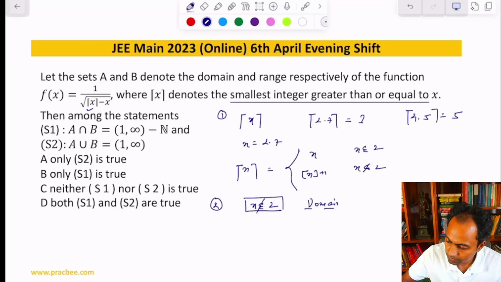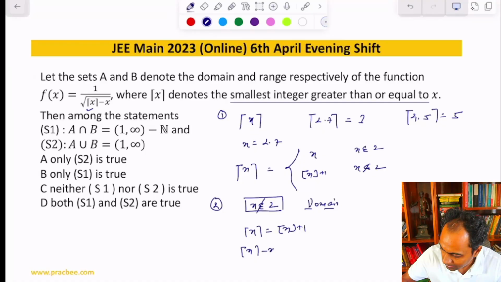And now if I put this not equal to 0, then what is happening here? This can be written as GIF of x plus 1. So if I write the smallest integer function minus x, this will become the greatest integer function plus 1 minus x.